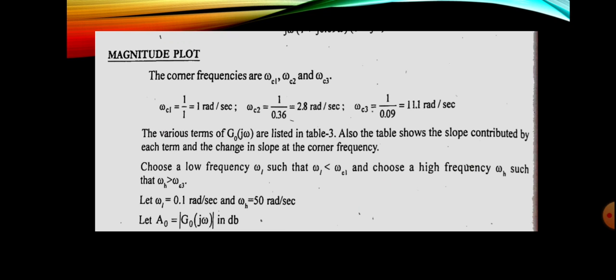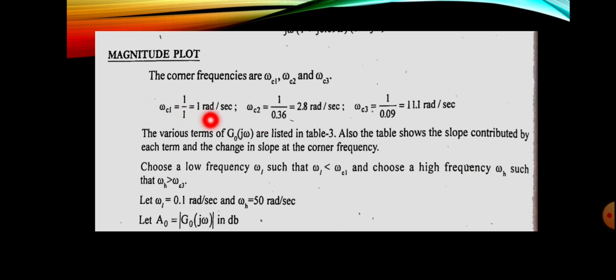For this term the corner frequency is 1, and for this term the corner frequency is 1 by 0.09. For this term the corner frequency is 1 by 0.36. So you have to first calculate the corner frequencies, and you have to write them in increasing order, and terms should be in the increasing order of their frequencies.